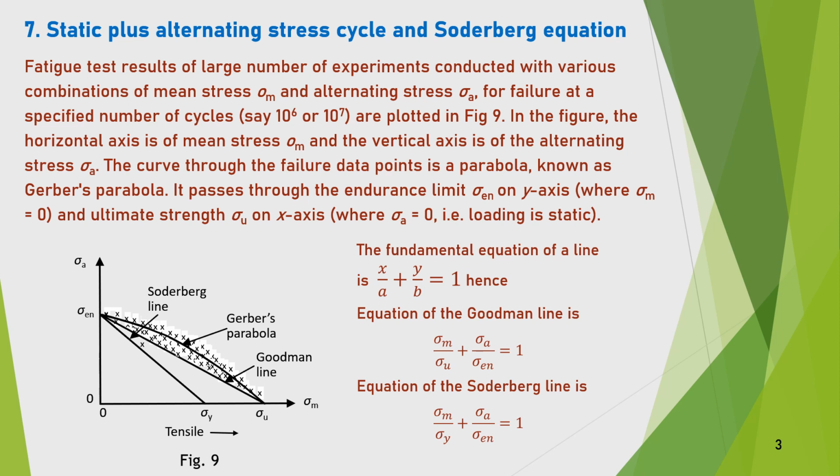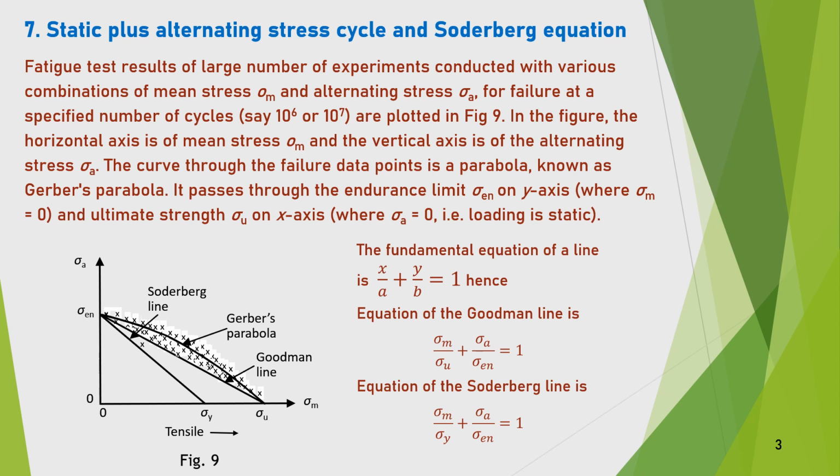Fatigue test results of a large number of experiments conducted with various combinations of mean stress sigma m and alternating stress sigma a for failure at a specified number of cycles, say 10^6 or 10^7, are plotted in figure 9.